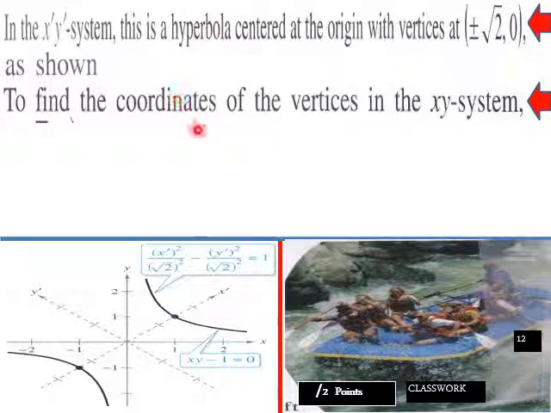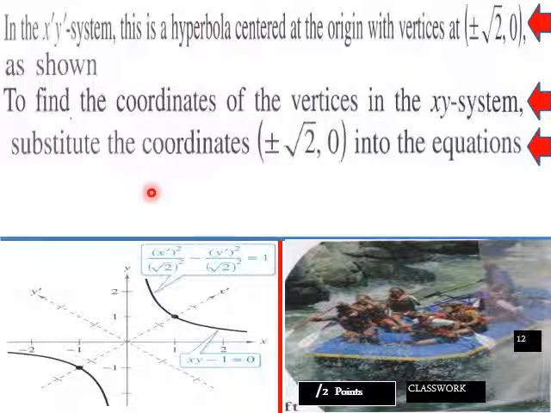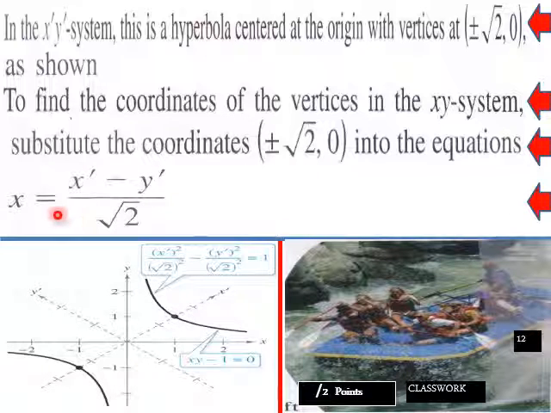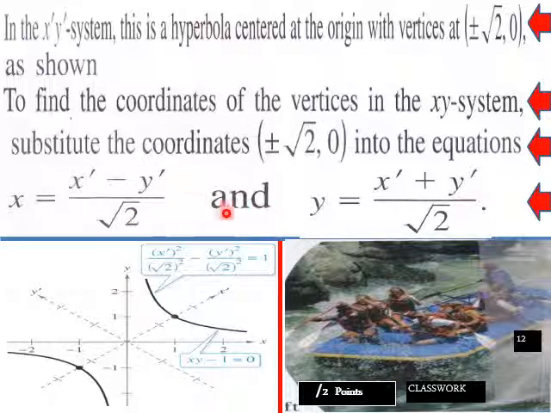To find the coordinates of the vertices in the xy system, substitute the coordinates plus or minus radical 2, 0 into the equations x equals x prime minus y prime over radical 2, and y equals x prime plus y prime over radical 2.